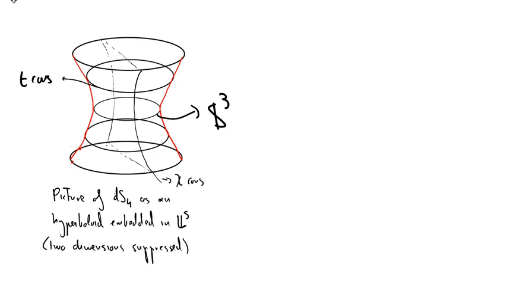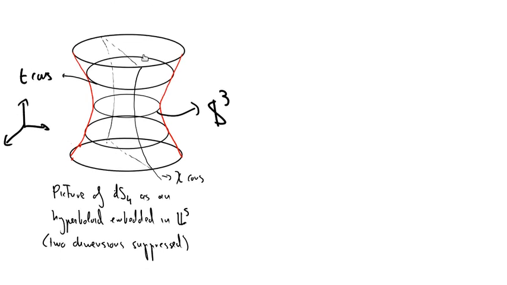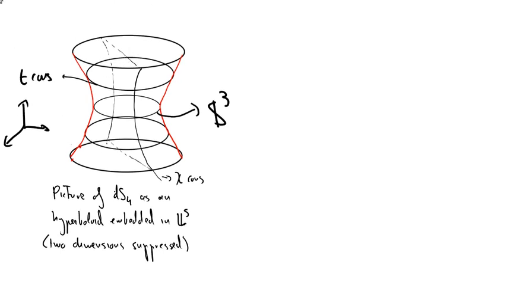I'm saying that this is a codimension 1 hypersurface embedded in 5 dimensions. So just let me draw the 5-dimensional axis. And so this hypersurface, this hyperboloid, gives us a visualization of the de Sitter spacetime.